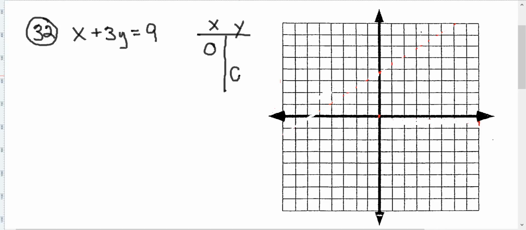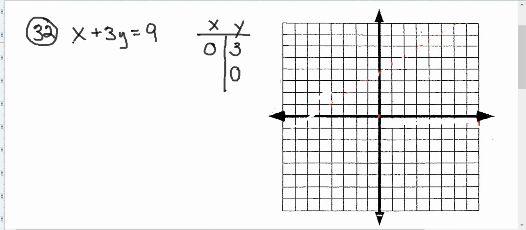And when y is 0, what is x going to be? Simple as that. So let's do the first one. When x is 0, what is y going to be? Isn't that easy? So that means 0, x is gone, you got 3y equals 9 is left. Divide both sides by 3, and y is going to equal 3.